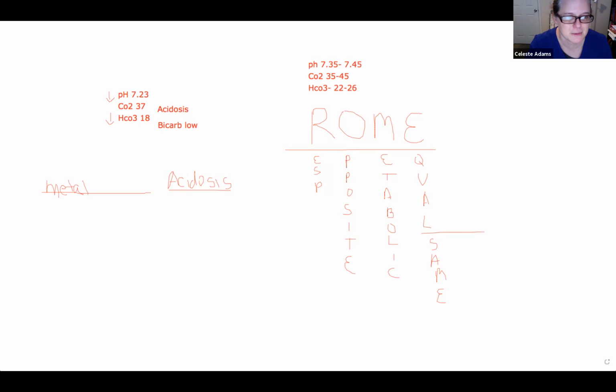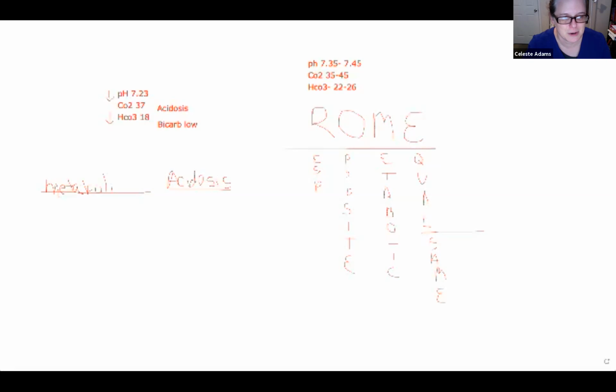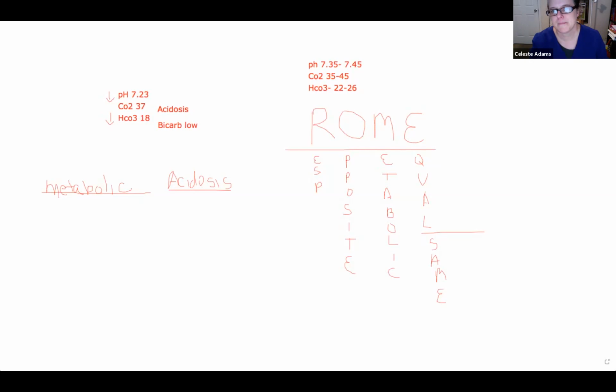This is an easy way to do a problem. Using the Rome method, respiratory opposite, metabolic equal or same. You're going to be looking at your pH and your abnormal lab, whichever abnormal lab it is, and what direction it is going in relation to your pH.